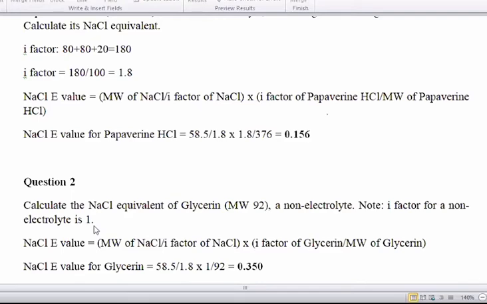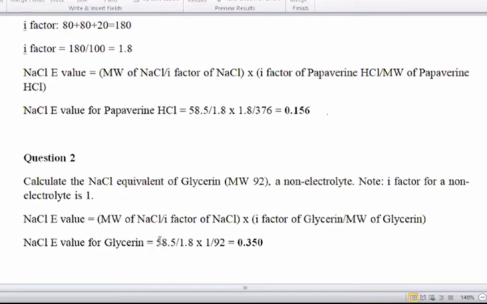So we have all the things we require. We just substitute, multiply, divide, and get our answer. Just do that and confirm that you have got the same answer as the one written here, 0.350.